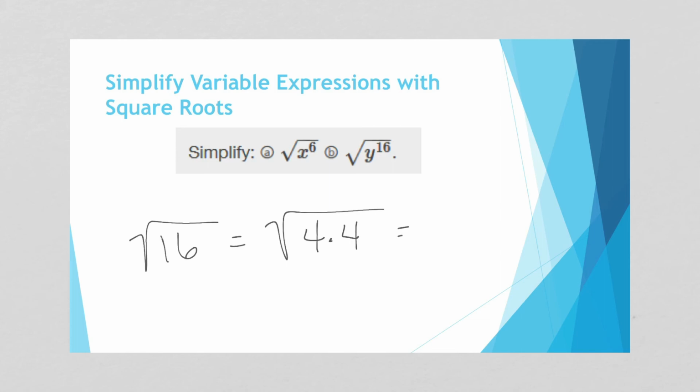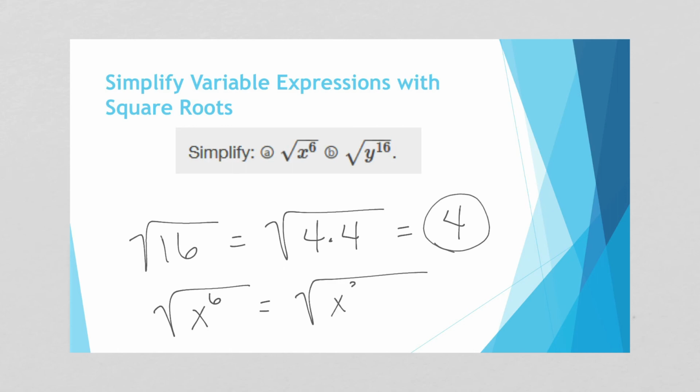And so whenever you write the answer, you only write one of those down, one of the pairs down, okay? So whenever we have x to the 6th, we ask ourselves what times itself would give you x to the 6th. Well, that would be x to the 3rd times x to the 3rd. So the answer to this would be x to the 3rd, okay?